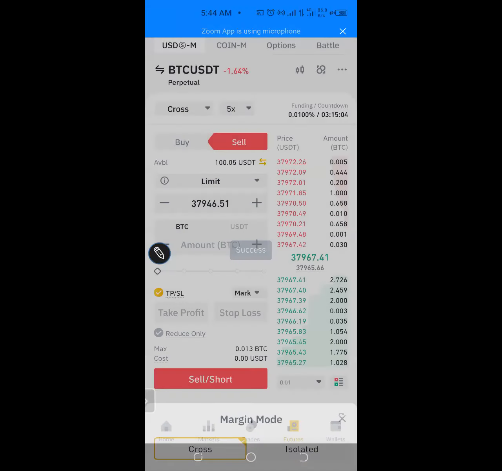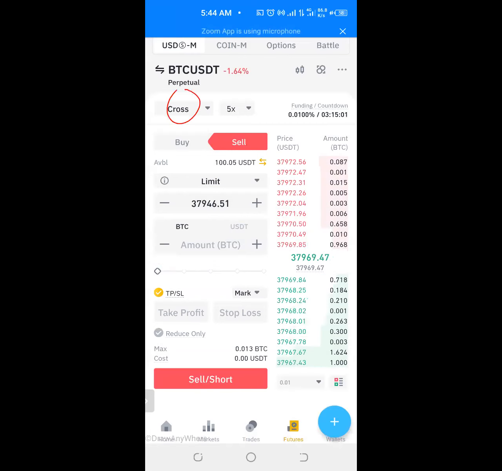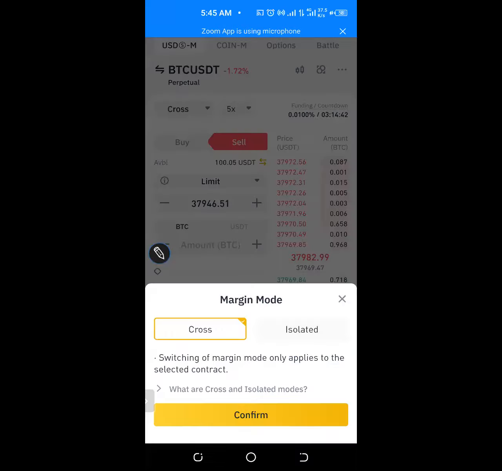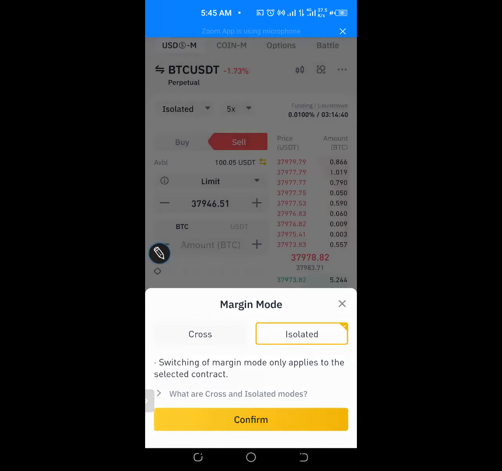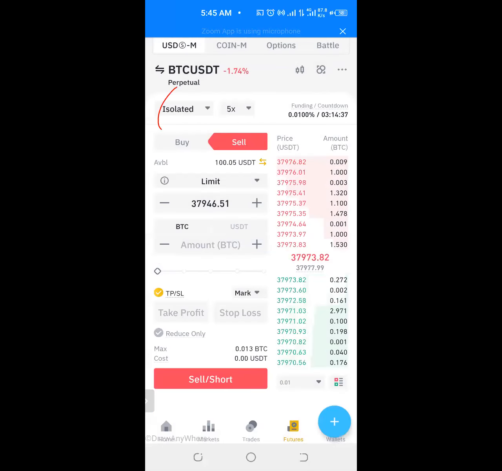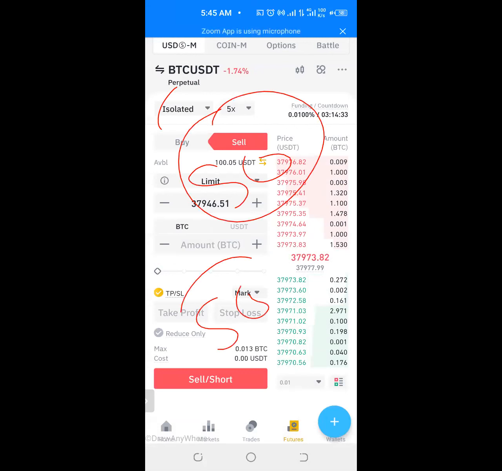It means that after the $50 you speculated on the trade with has been consumed, the remaining $50 in your account will be attacked. So you can lose what you speculated the trade with, and even the remaining balance. But if I choose isolated, I will only lose the $50 I used to speculate that trade, and it will not attack my remaining balance.